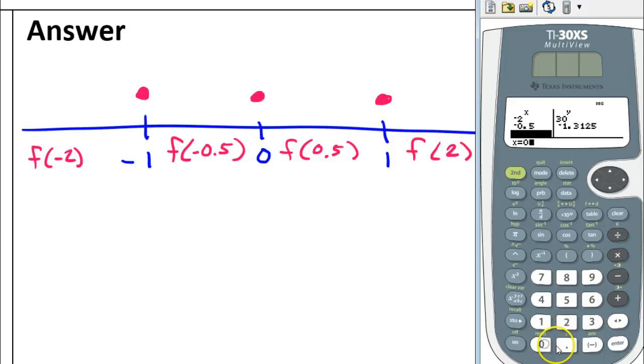Okay, so we get the y values that go with those x values. So let's see, we have 30, -1.3, and 0.93.